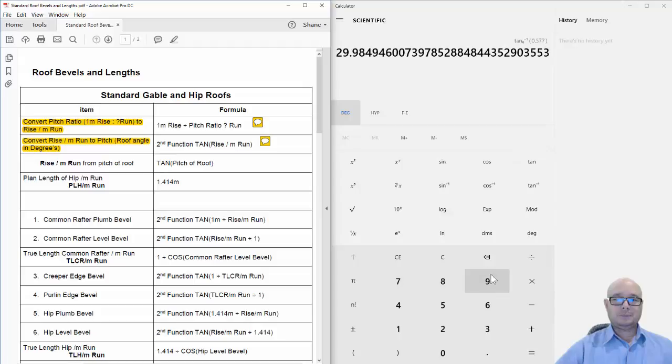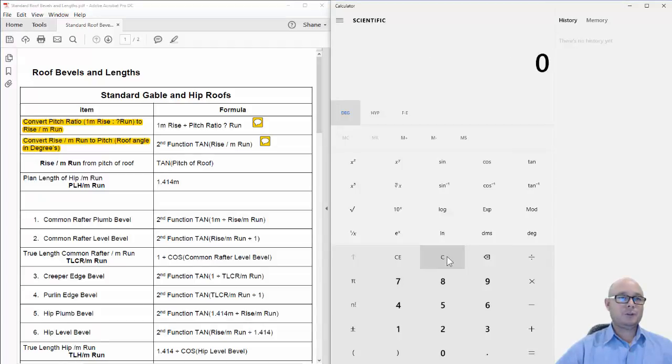I'll just clear that, and I'll move on to the next calculation. The next calculation is rise per metre run from pitch of roof. So let's say that you had the pitch of the roof, in this case 30 degrees, and you didn't have the pitch ratio.